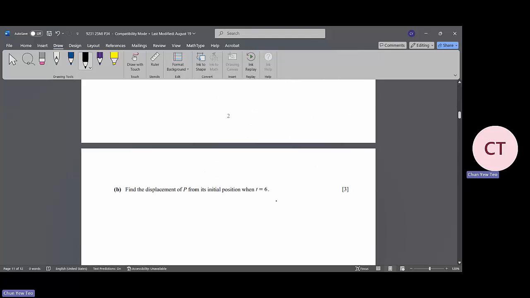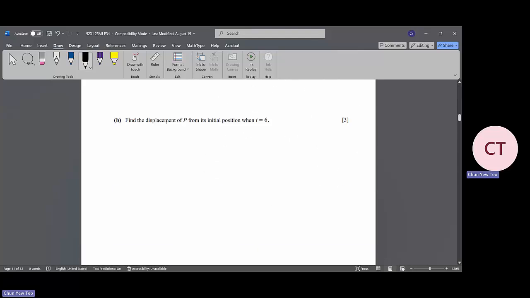Okay, so now we move on to the b. We want to find the displacement of B from the initial point when t equals 6. So over here, we need to integrate. Your v is 1 over the square root of 4t plus 1.